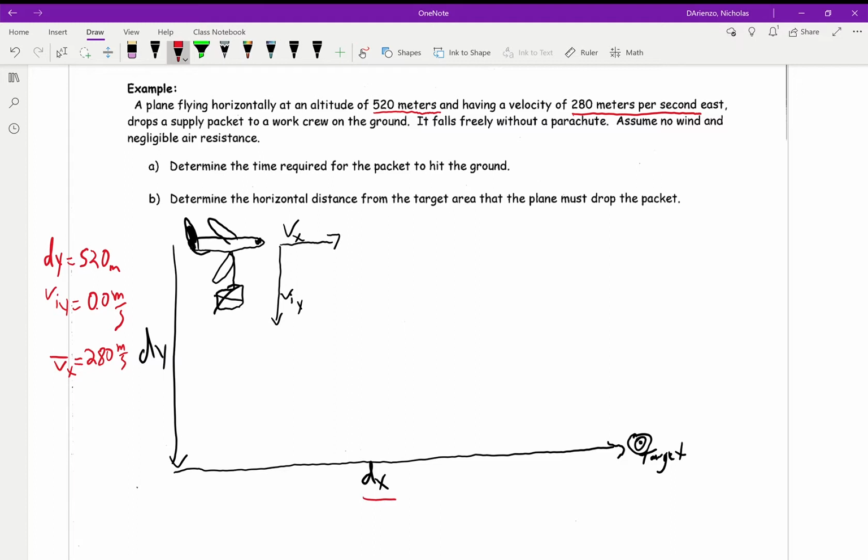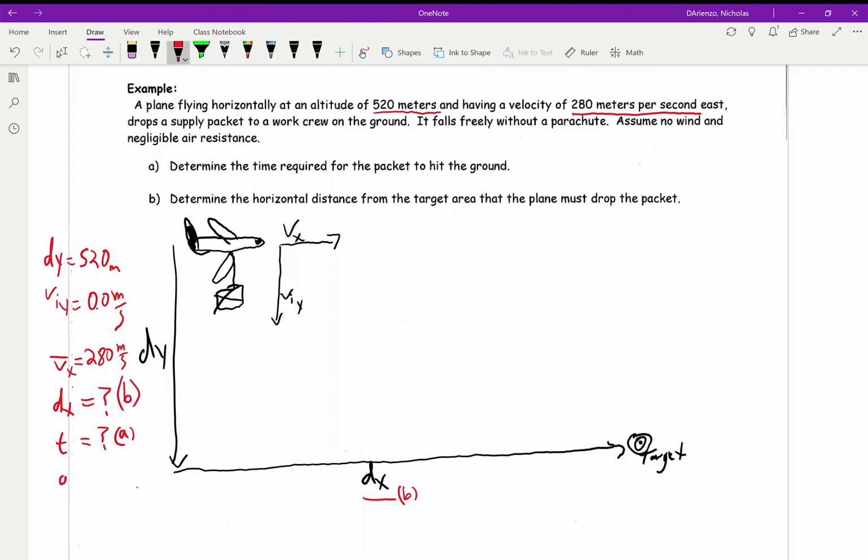We don't know this X distance. That's going to be our B: the horizontal distance from the target area that we must drop the packet. We're going to have to solve for that. We also don't know time; how long is it going to take for this to happen? That's going to be our A. So this is A, and this is B.